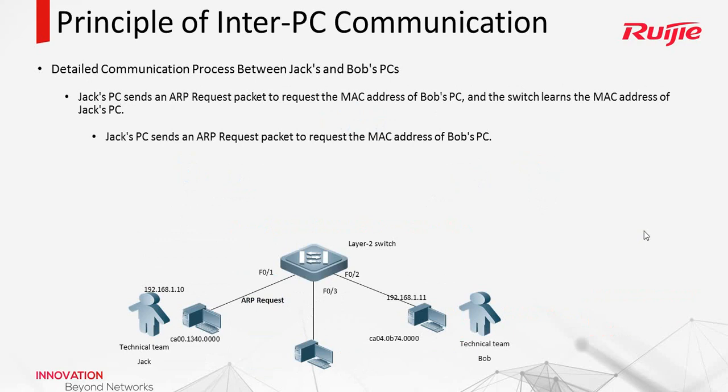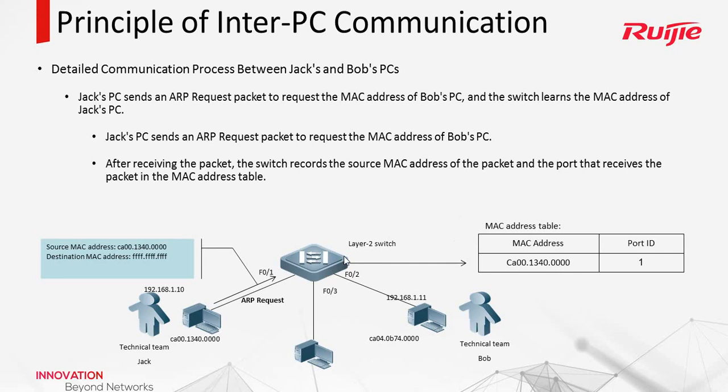So, at the beginning, Jack's PC will send an ARP request to ask for Bob's MAC address. We can find that the source MAC address is CA00, but the destination is all F. This is because the ARP request is a broadcast packet.